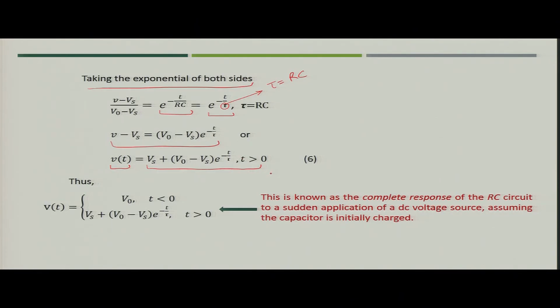For time t less than 0, the value is equal to the initial voltage across the capacitor, that is V naught.